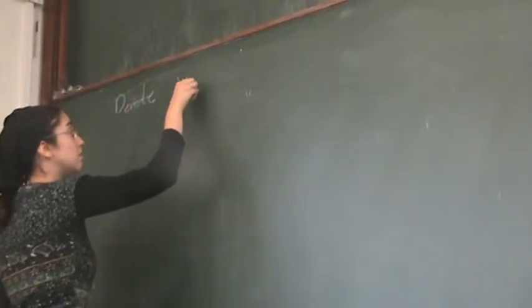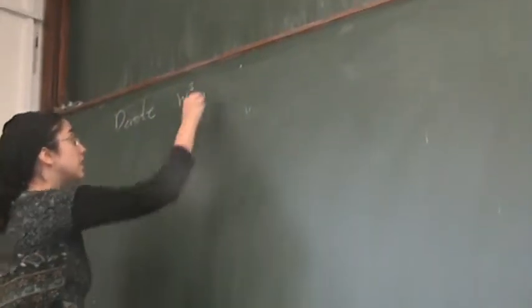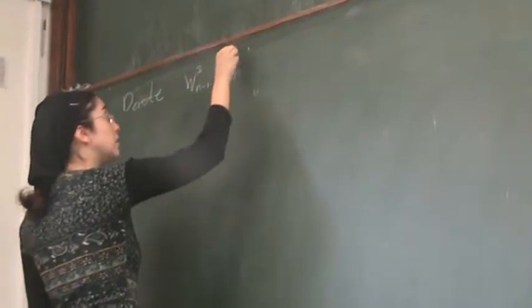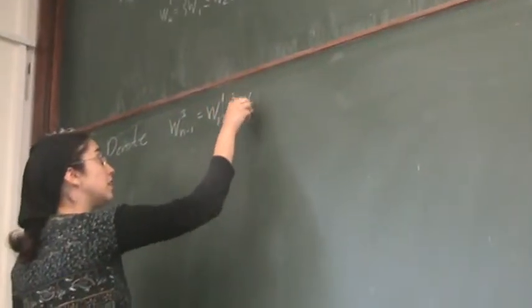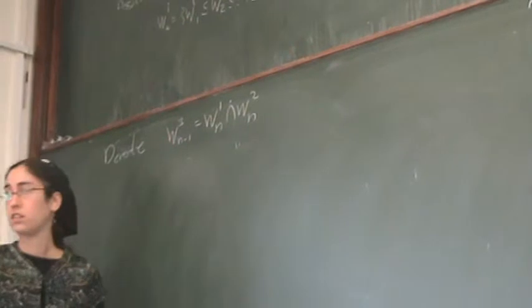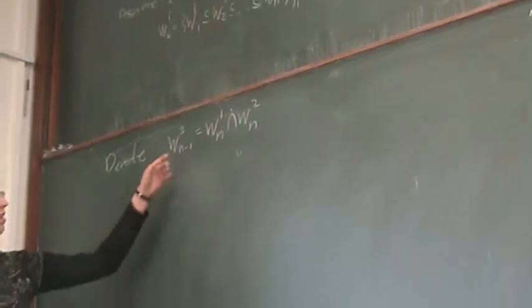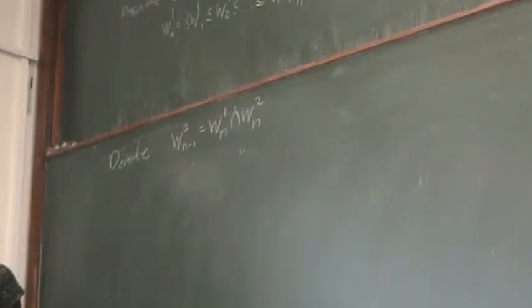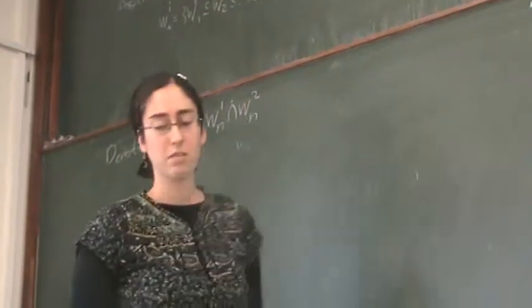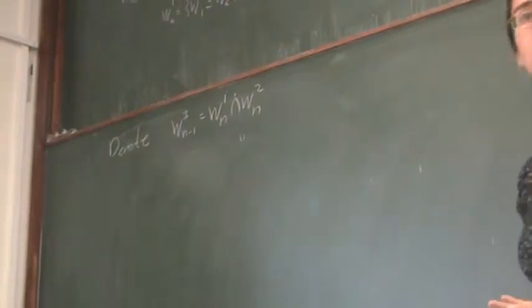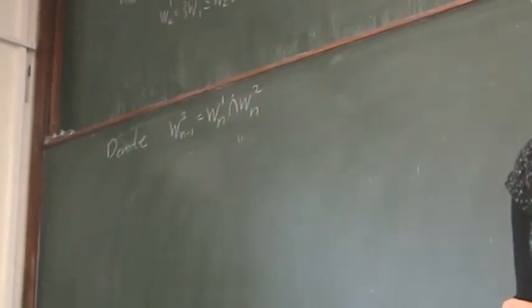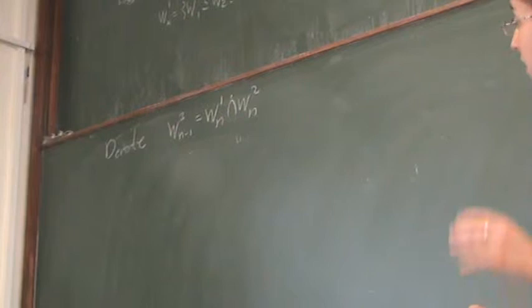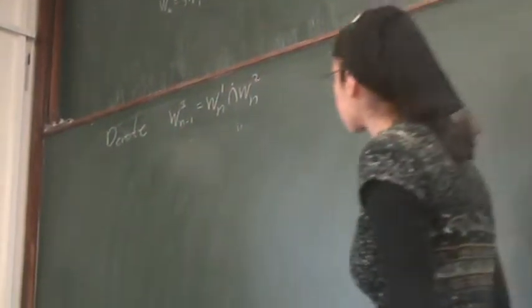So denote by W_{n-1} the intersection of W_n1 and W_n2. So this is of dimension n-1 unless they are equal, in which case we can assume without loss of generality that they are not equal. I think you should either switch to S_{n+1}. Yes, we are in n+1.